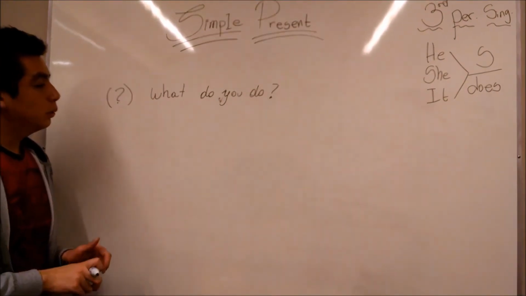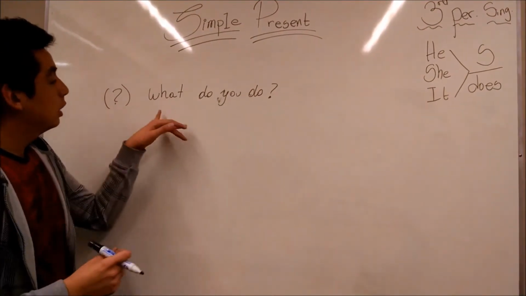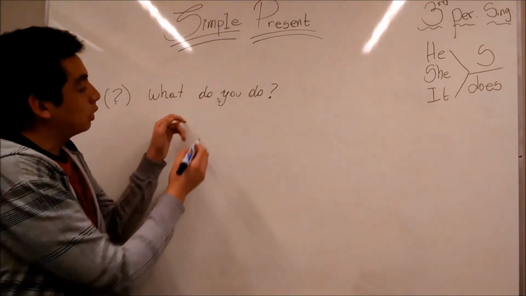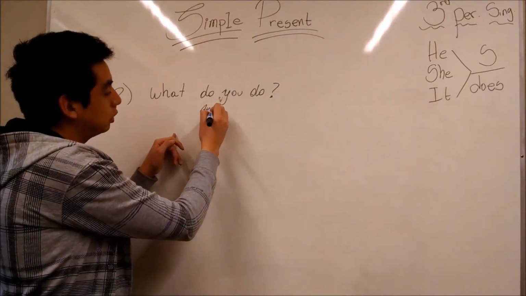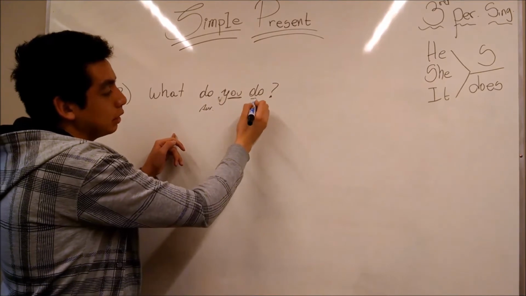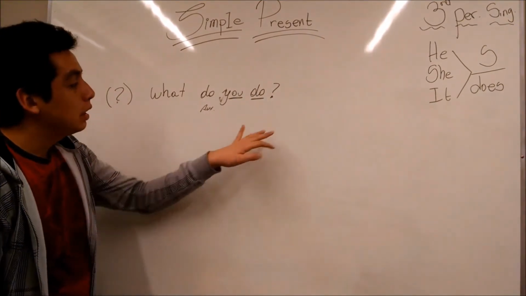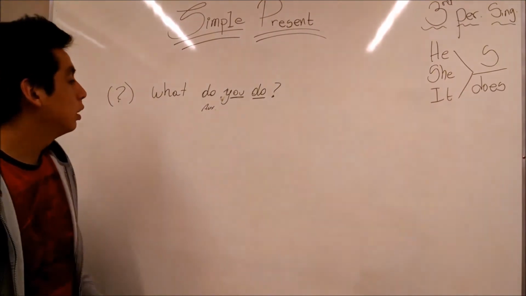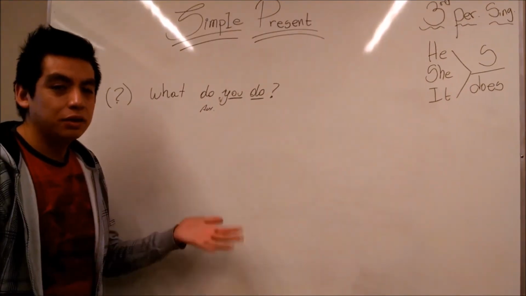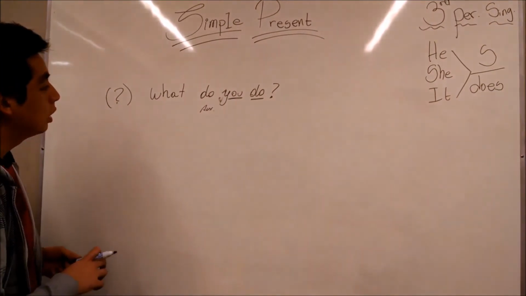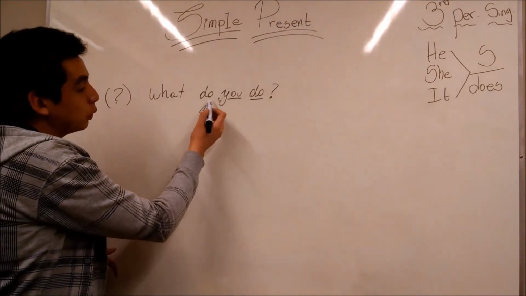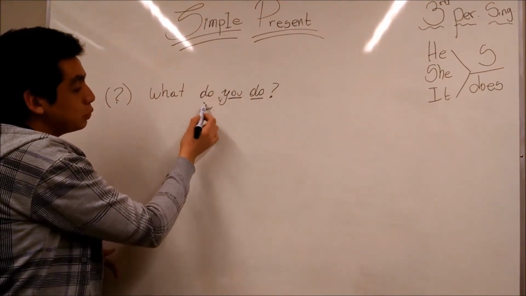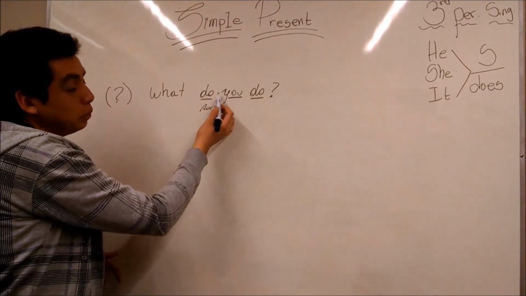In this case, we are using this WH question, our auxiliary verb, our subject, and then our infinitive verb. In this case, we're not using a complement, okay? Because it's not necessary every time. What do? We're using our auxiliary verb do because we have you.